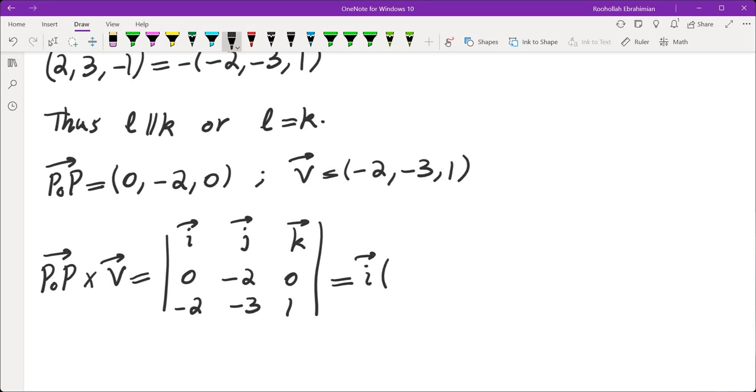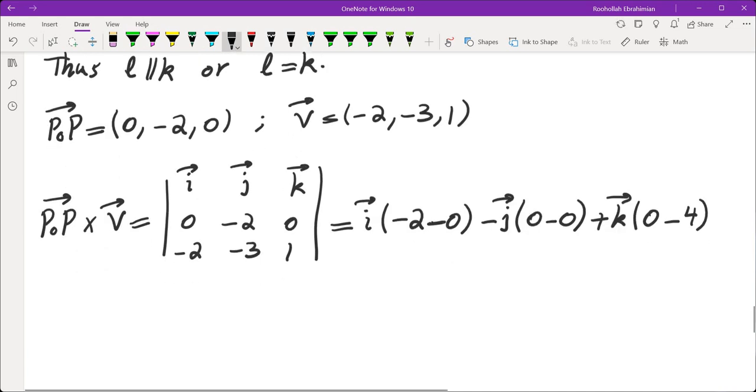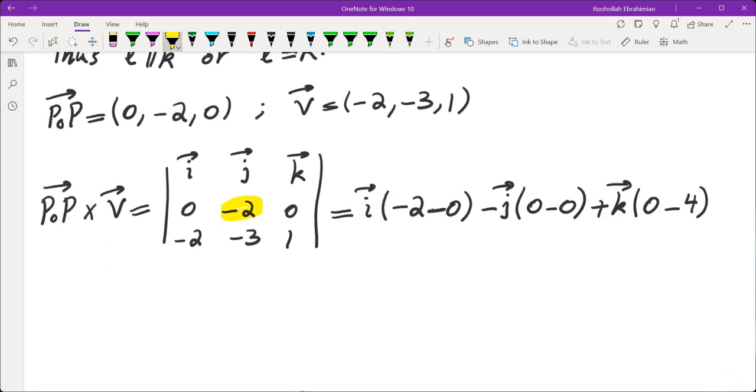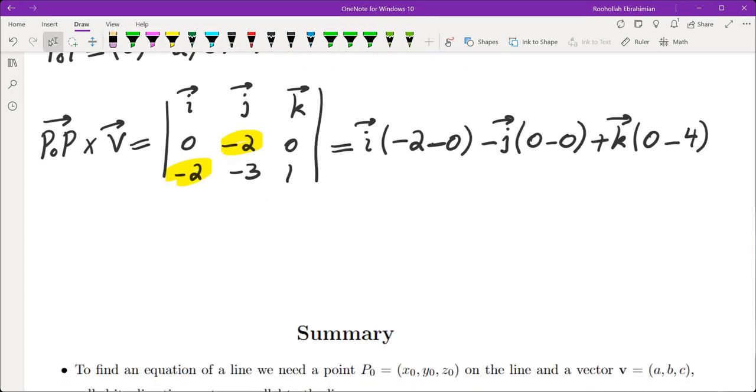So we get i times, eliminate the first row and the first column, we get -2 minus 0, minus j times, eliminate the first row and the second column, so we get 0 minus 0, plus k times, eliminate the first row and the last column, we get 0 minus 4, because it's minus 2 times minus 2. So we get three negative signs, which would give us -4. So that's -2i and then minus 4k.